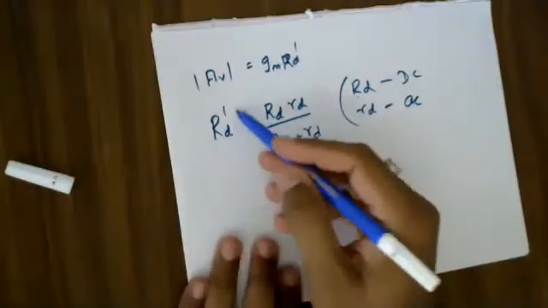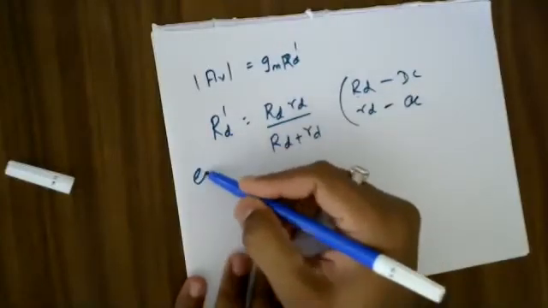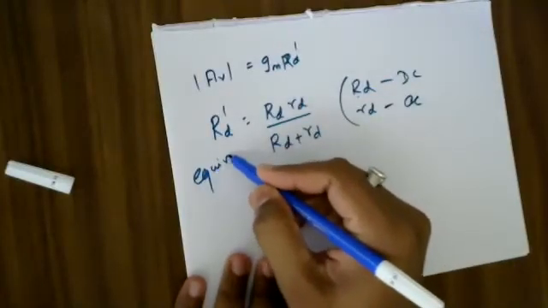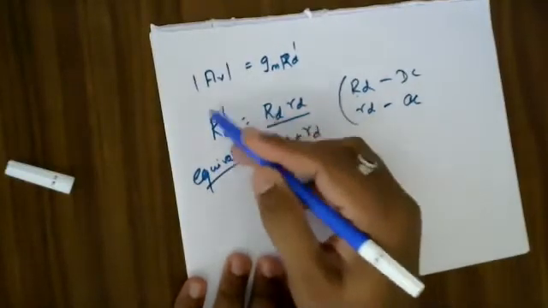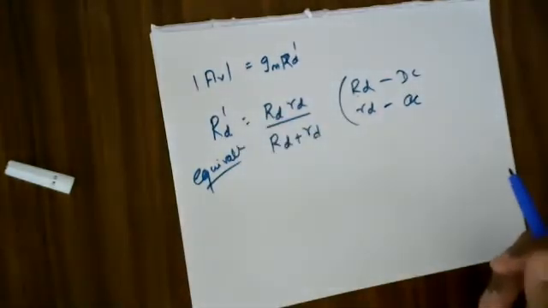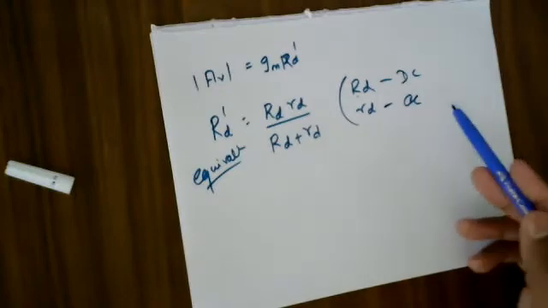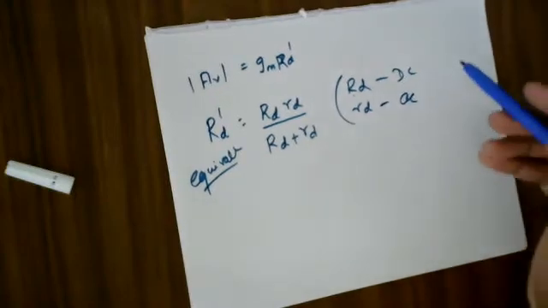Now this Rd dash is talking about the equivalent drain resistance when both the DC voltage and an AC voltage are applied to this resistance.